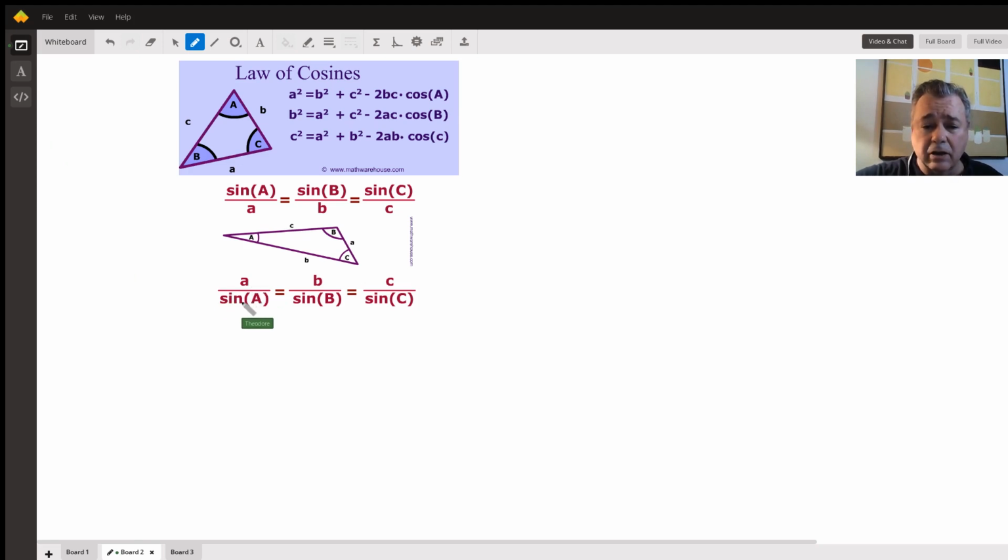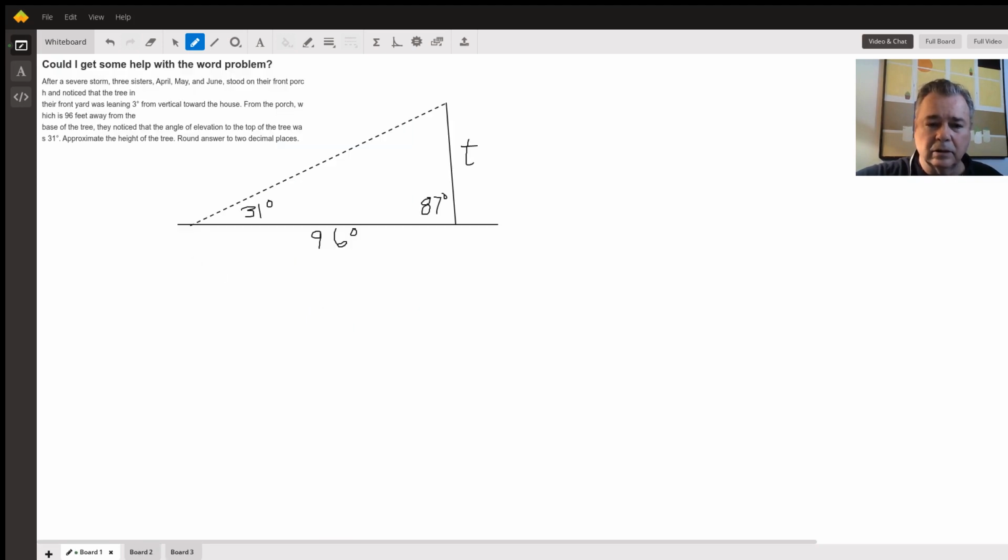Look at this. A over the sine of A equals B over the sine of B. And so that's this ratio of an angle. Here's angle B. Here's the side B. Here's side A, which is opposite angle A. And we can use that law with the ratio.